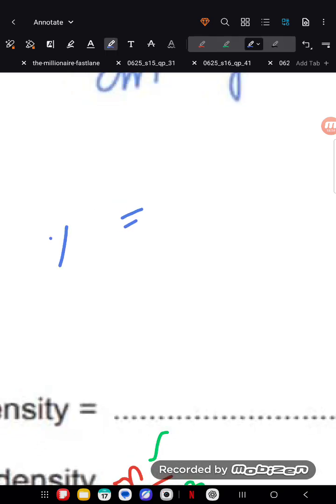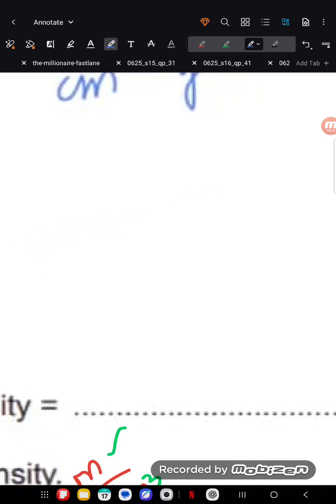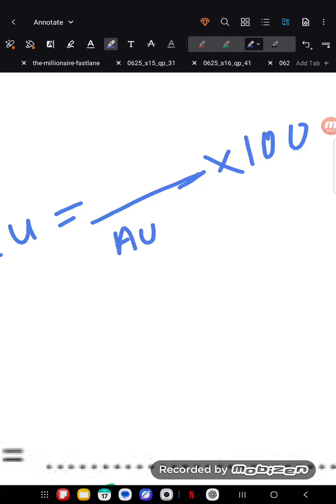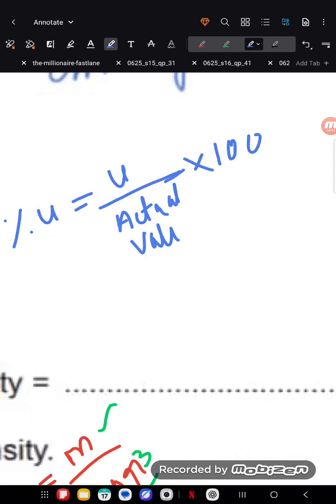So here you can see percentage uncertainty. Here we multiply with 100. Here we write the actual value, and here it is uncertainty.